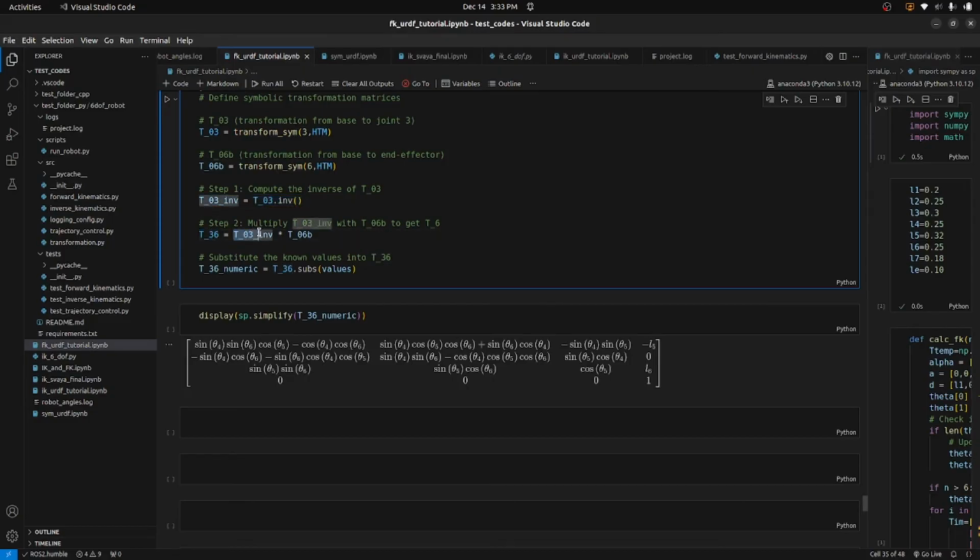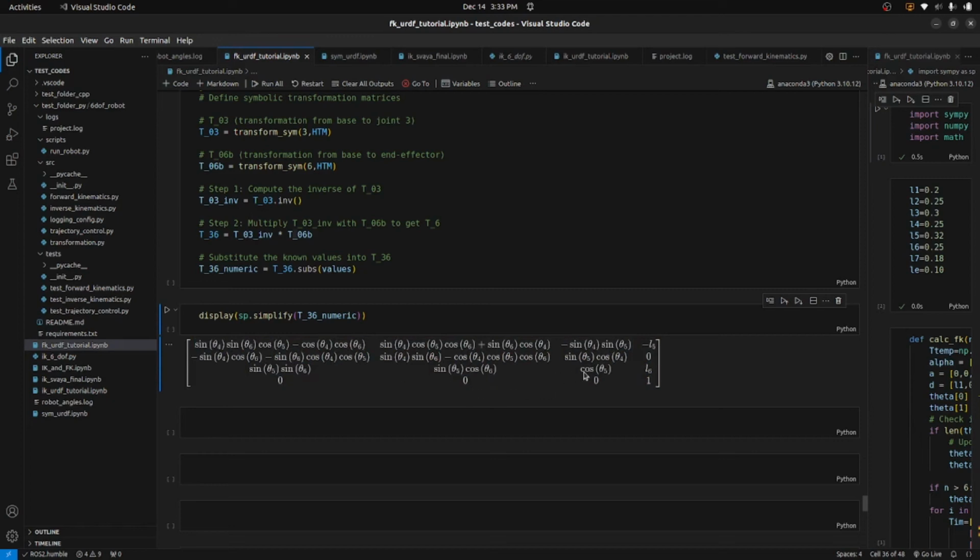It is T03 inverse times T06, and if I substitute some values here, I will get the numerical matrix. So this is basically my symbolic transformation matrix from frame 3 to frame 6.